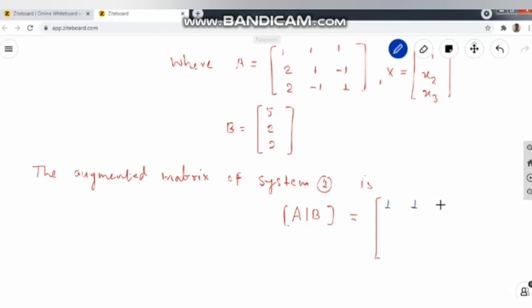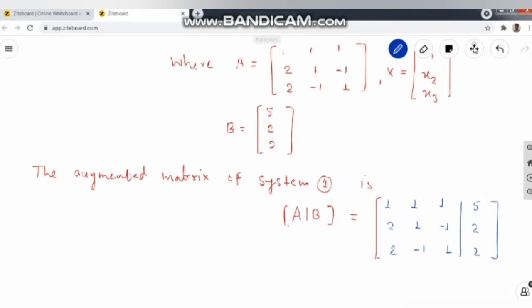One, one, one, 2, 1, minus 1, 2, minus 1, and 1. Then the augmentation bar, then the B matrix, that means 5, 2, and 2.